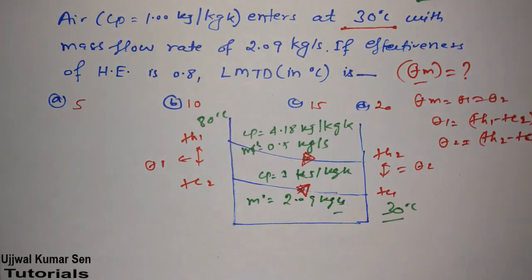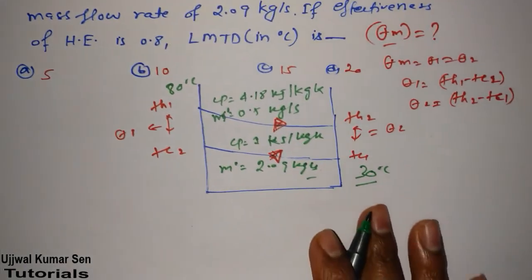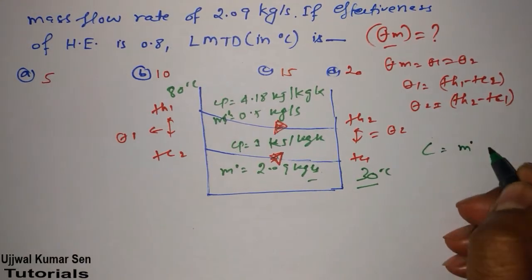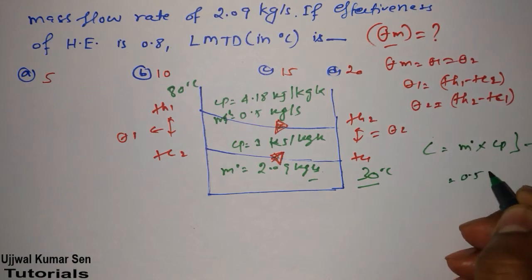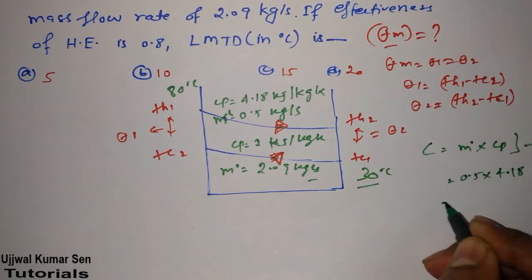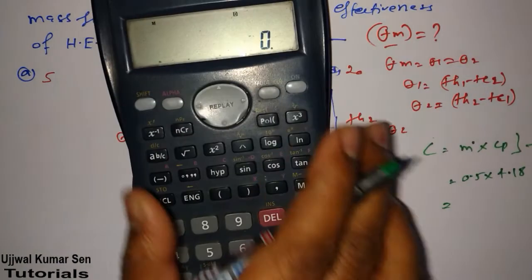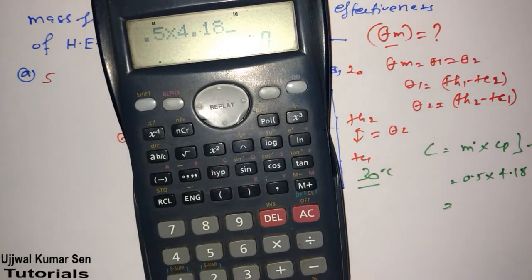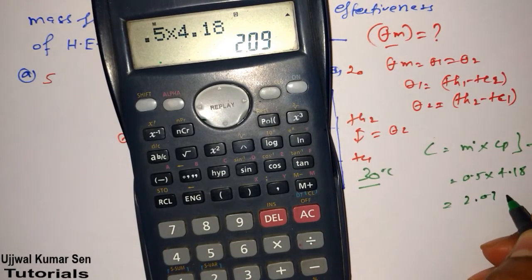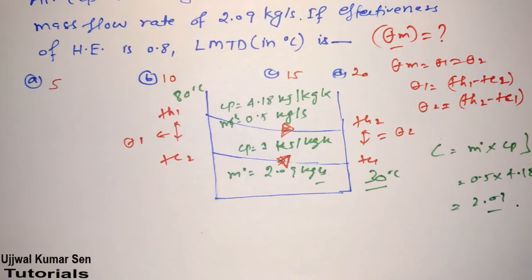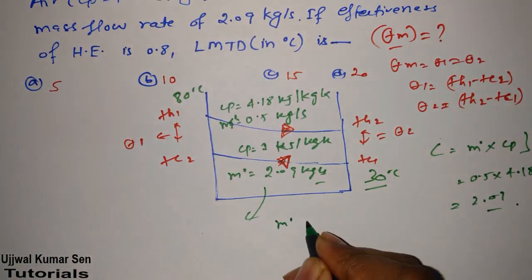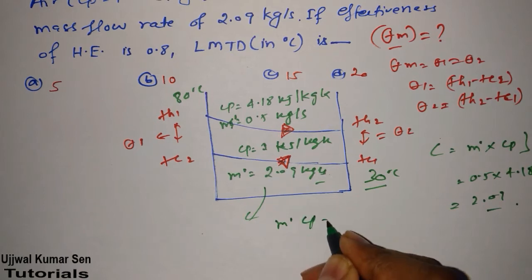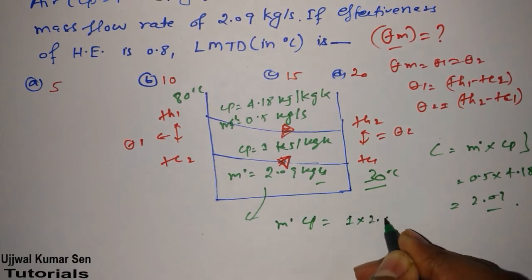So this is the data they have given. We know that C is equal to m dash multiplied by Cp. Use a calculator to avoid mistakes. For air, 1 multiplied by 2.09 is 2.09. We got its heat capacity.